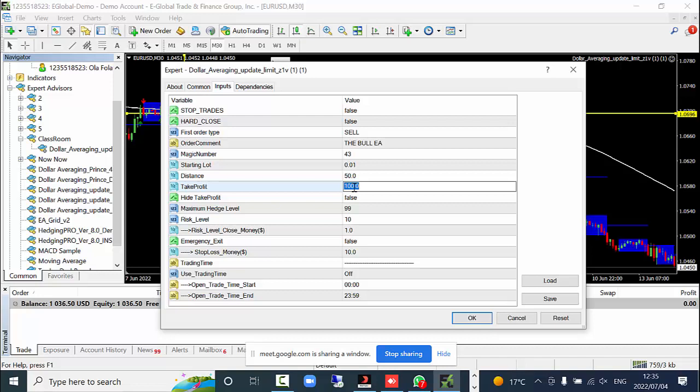So you are losing $5.36, which is about 0.5% of your account, not 1%. And once that happens, you tell the software, hard close. That means my direction is not fulfilled. The direction I want to go is not fulfilled, so I've risked 0.5% of my account.